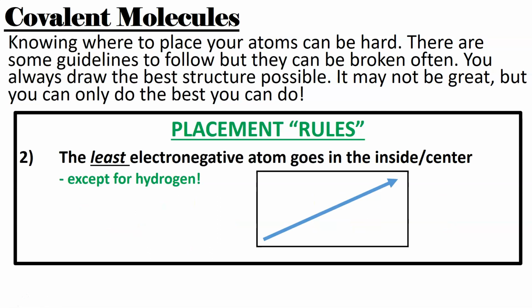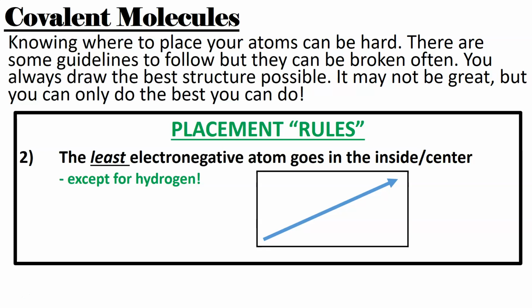Another suggestion is that the least electronegative atom should go in the center typically, unless it's hydrogen. Rule number 1 comes first. So you put the hydrogens on the outside, and then after that, if there's choices, the least electronegative goes in the middle. The reason for this is that it allows the electron density to be pulled towards the outside of the molecule.